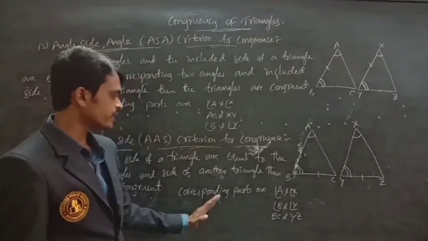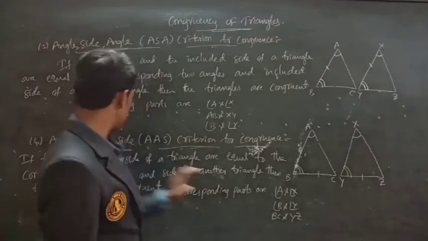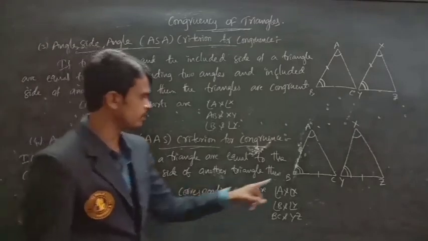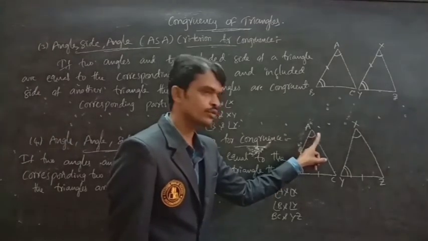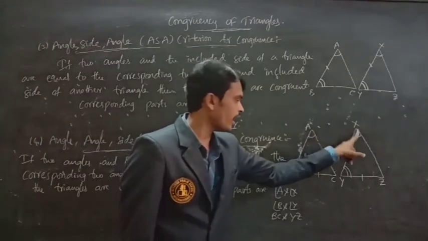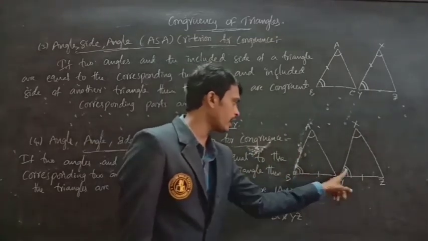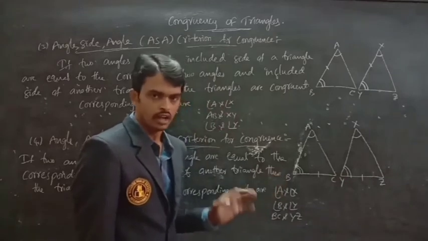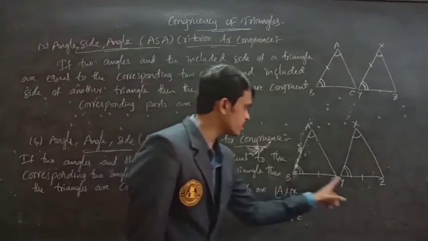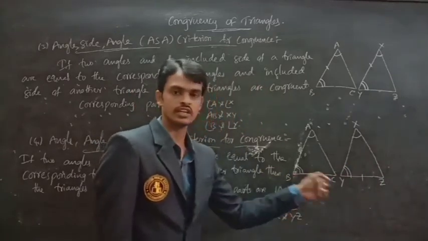The corresponding parts are the two angles and one side. The pair of angles A and X are equal, the angles B and Y are equal, and the sides BC and YZ are equal.